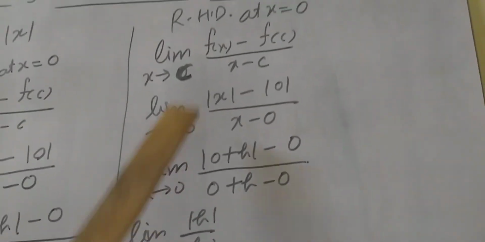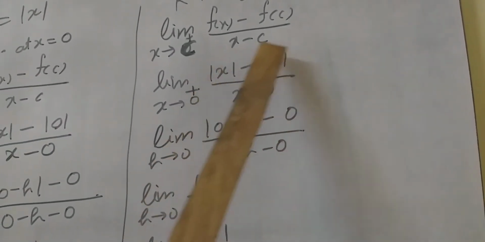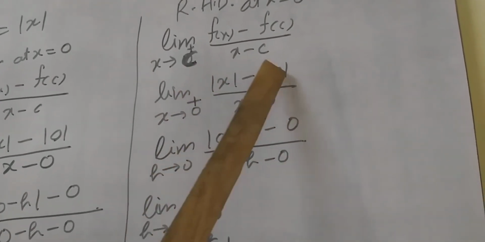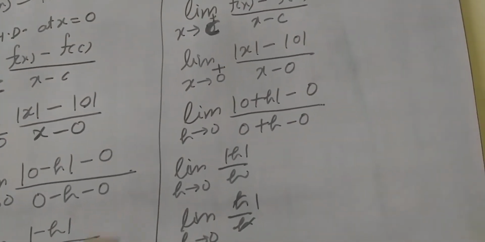Now the RHD at x equal to 0. Limit x tends to c, f(x) minus f(c) upon x minus c. Limit x tends to 0. So x tends to c plus, f(x) minus f(c) upon x minus c. So limit x tends to 0 plus, mod of x minus 0 upon x minus 0. Now change the limit.